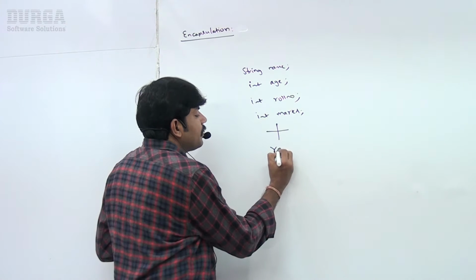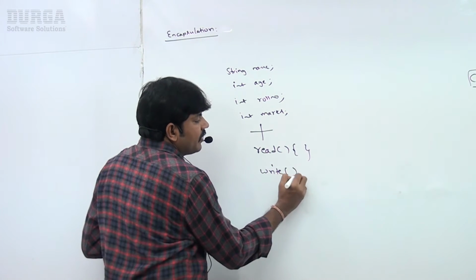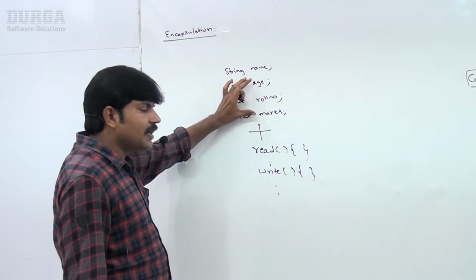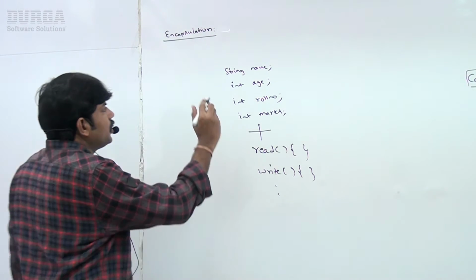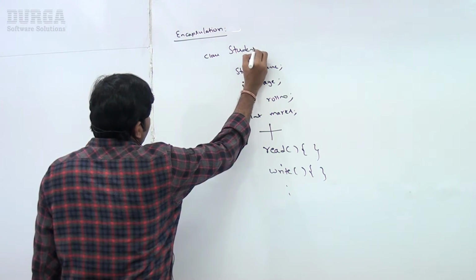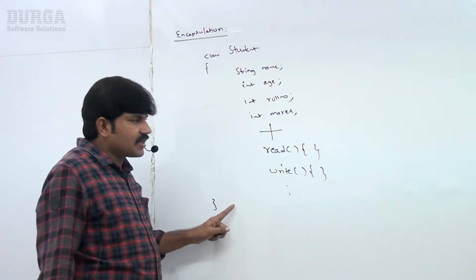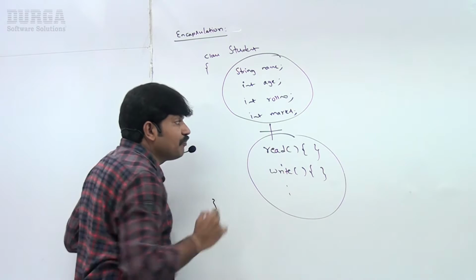A read method is there, a write method is there. These total data and methods I want to group into a single unit. That unit itself is nothing but class Student. Are you getting? The Student class contains student-related data and student-related behavior.